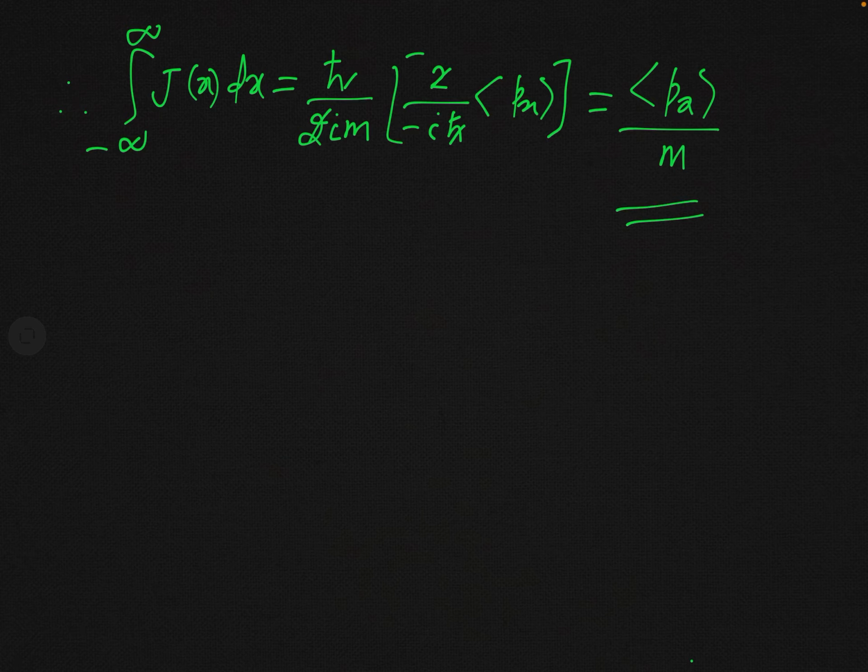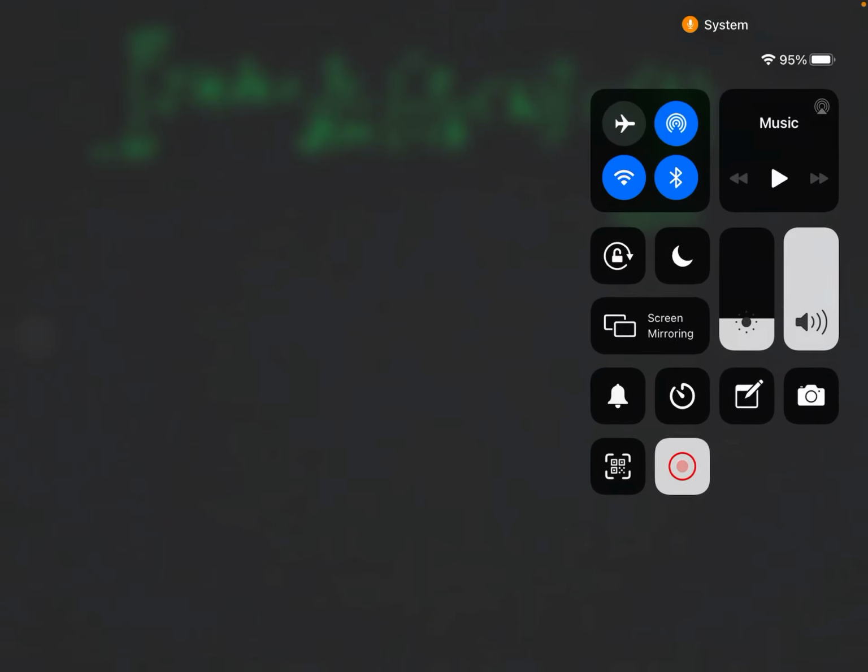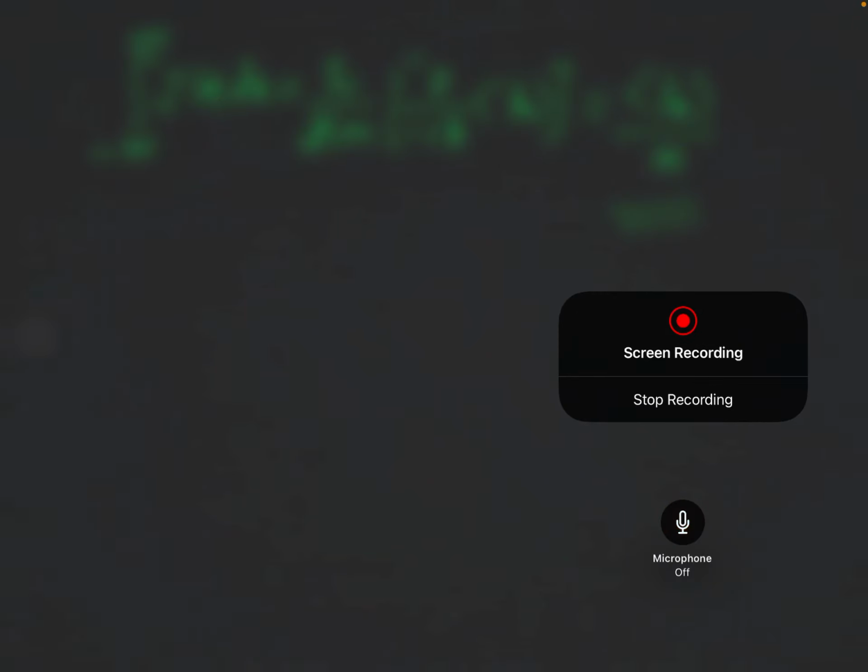So I hope now after these important illustrative examples, your concept regarding the probability current density has been very clear, and so you will follow the textbook and solve such problems for more practice.